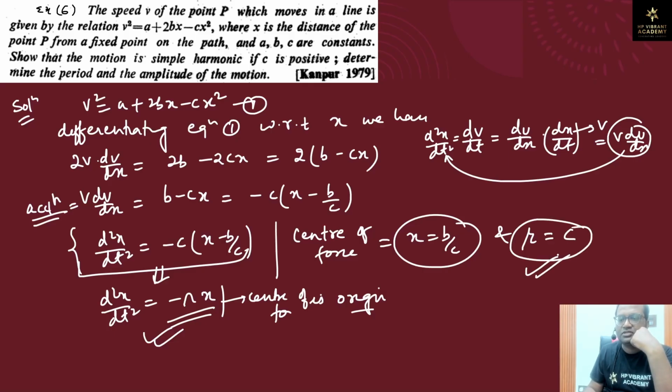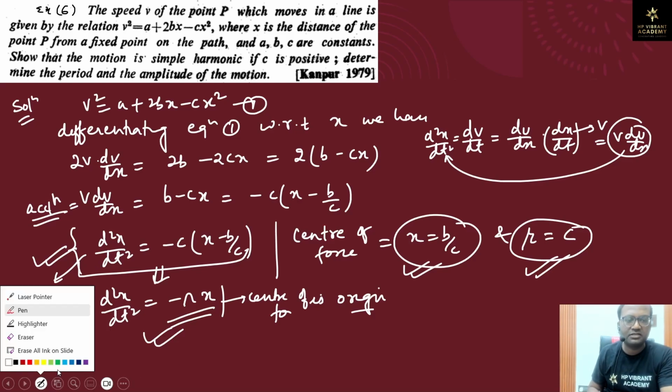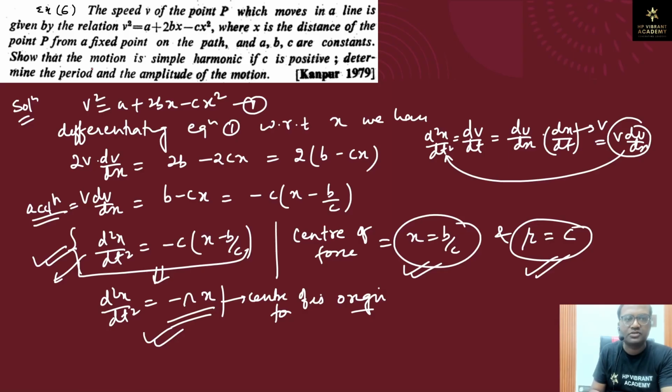Since this equation is similar to the standard equation of SHM, we can say that this motion is simple harmonic motion. So the first part, that the motion is simple harmonic, we have shown.